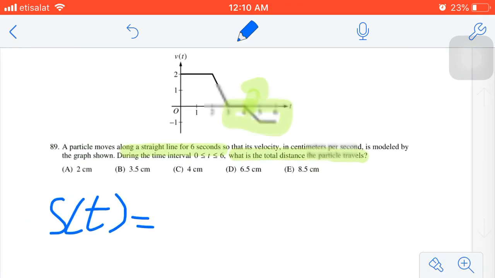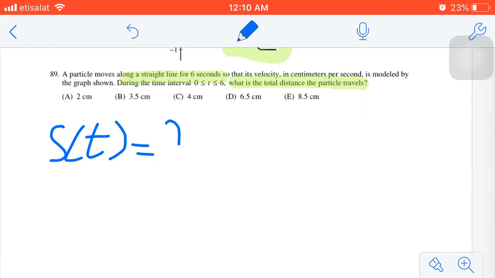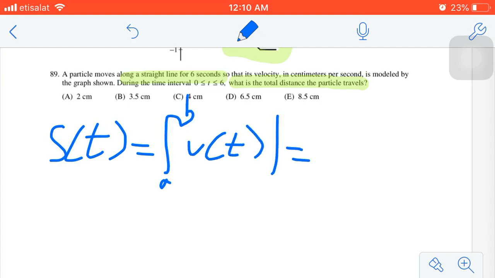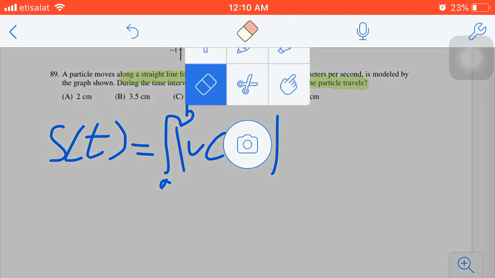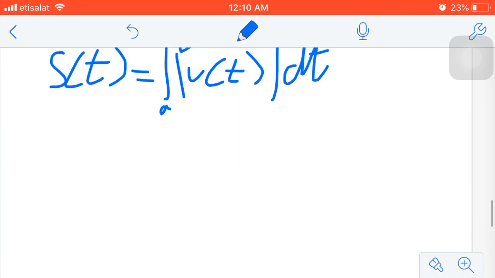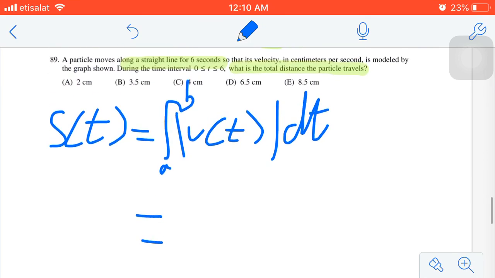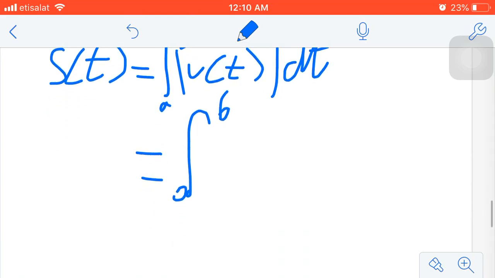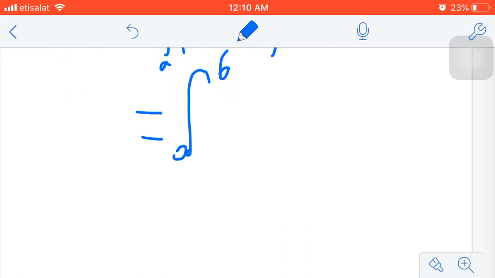Okay, and to use that in the integration, we'll say that s of t equals the integration from a to b of the graph, which is the absolute value of v of t, dt, which in this case the intervals are from 0 to 6 of the graph, which is the area.